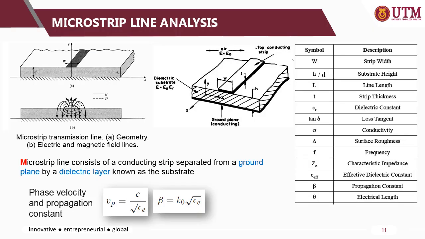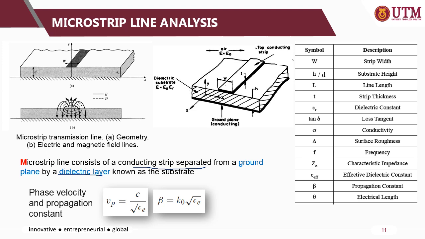So for microstrip line analysis, please make sure you know the difference between the structures, how the microstrip and the strip line look like. The strip line is sandwiched in between two ground planes, while the microstrip basically consists of a conducting strip separated from a ground plane by a dielectric material.